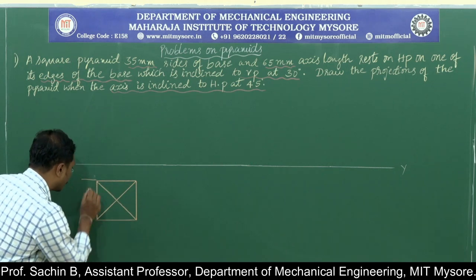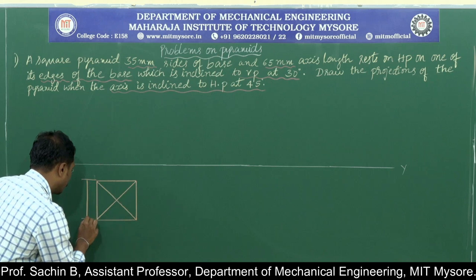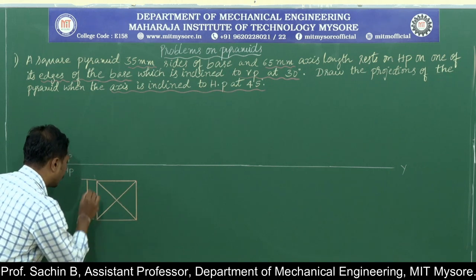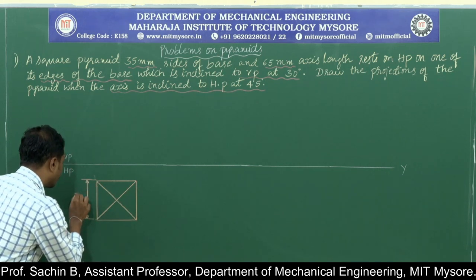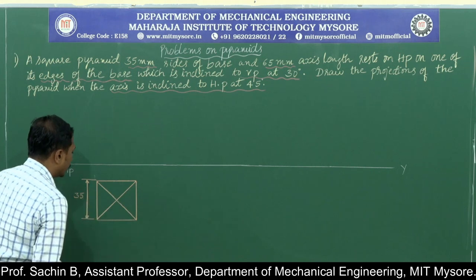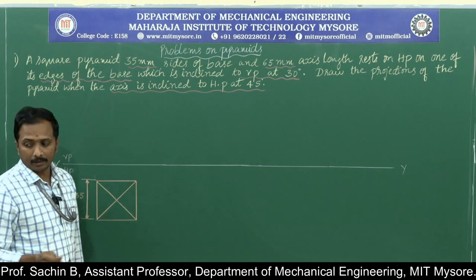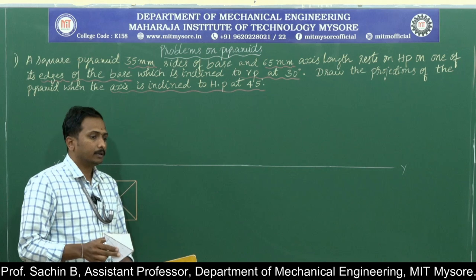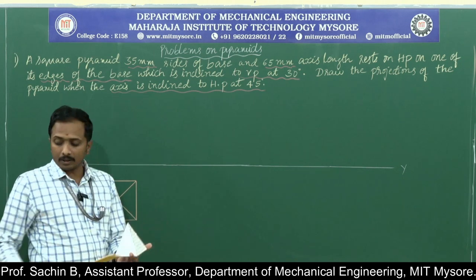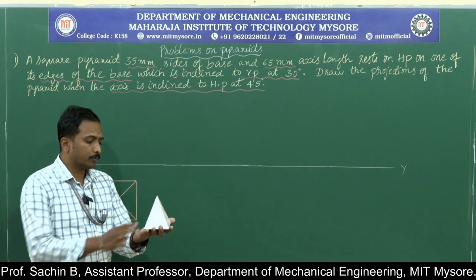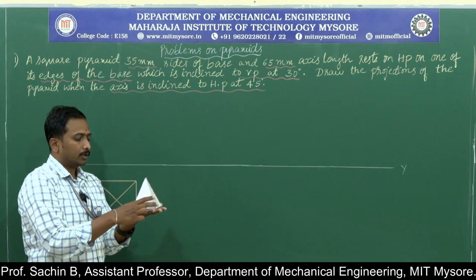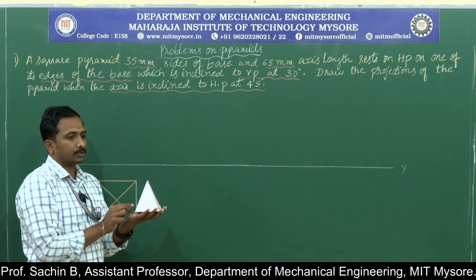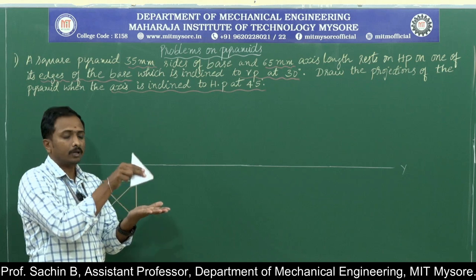Now I will show the dimensions of it. All the base edges are the same dimension, that is nothing but 35 millimeter. Now we know that it is a pyramid, and this is the pyramid I am going to consider. Here they are clearly saying that the base edge is resting on HP.